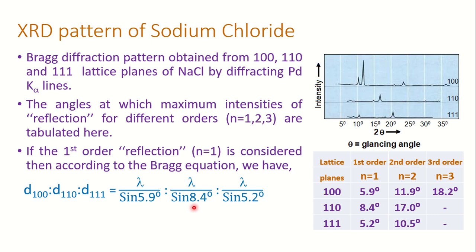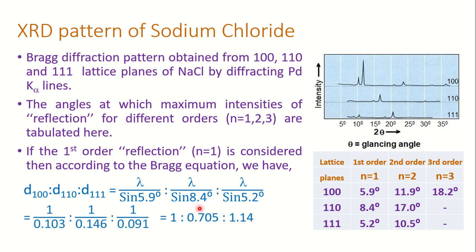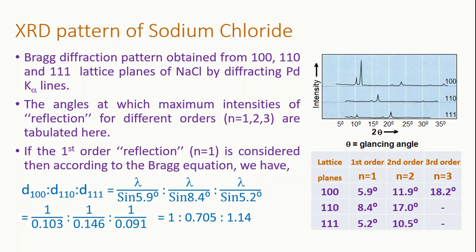These values are put here, and let's take the ratio. Lambda is also cancelled due to the ratio. Here this value reveals 1 is to 0.705 is to 1.14. So with which one does it resemble?